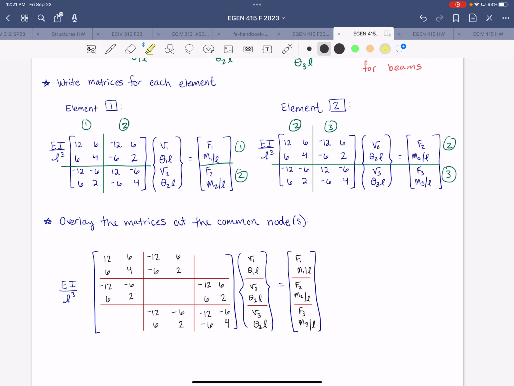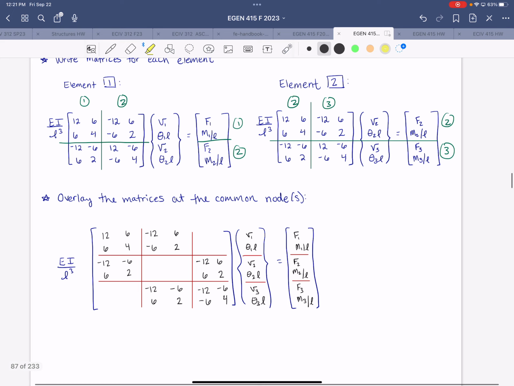So for the overlay, when we combine them to obtain the equation for the whole system, which is at this point just consisting of these two elements, we're going to look at the nodes that show up in both elements, which in this case is just node 2. So looking at the node 2 columns and rows, pull those values, right?